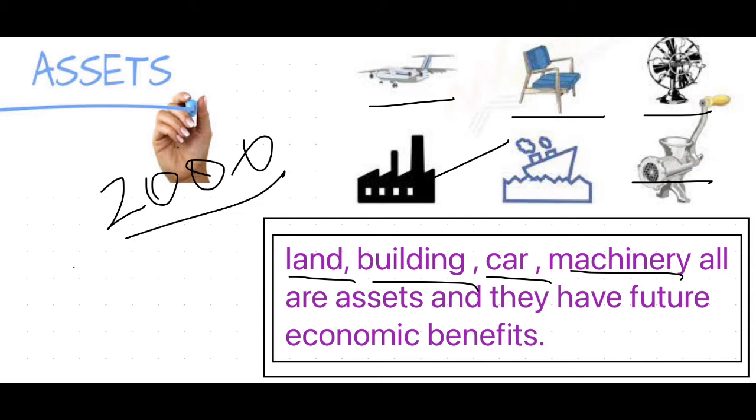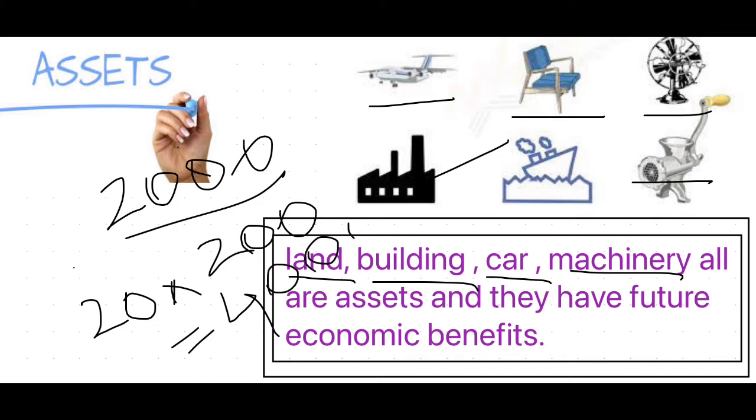This machinery will produce about 20 products in a day, and we sell each product for 200 rupees, and it ultimately results in 4,000 of profit. So basically this machinery that we purchased for 2000 is now earning future economic benefit by producing certain products on a daily basis.